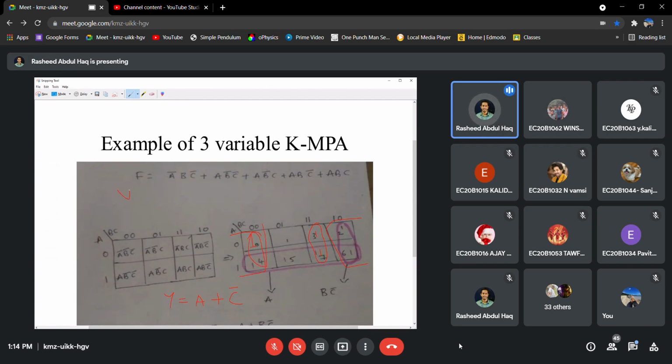Then our y will be equal to a plus b bar c bar plus again b c. But this is a wrong answer, right? And it is also not the simplified form.